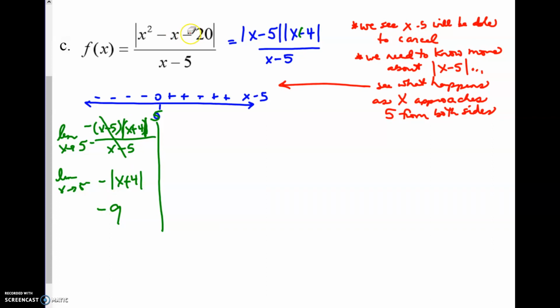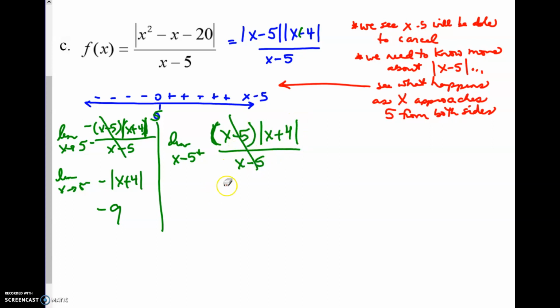I factored that incorrectly. Okay, on this side, as x approaches 5 from the right, we're finding the limit where this absolute value works out to be positive, so it's just itself in round brackets times the absolute value of x plus 4 all over x minus 5.